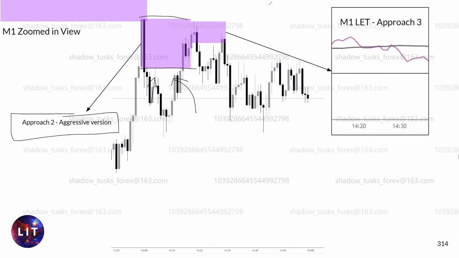Following that, we have our M1 LIT right here, as you can see, perfect tap, mitigates this. So you can take this trade, put your stop loss above here, trade to the downside. That's our approach 3. Perfect. That will make sense. That is definitely worth the attempt.